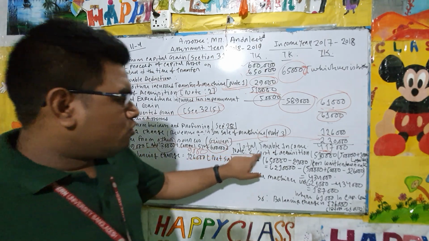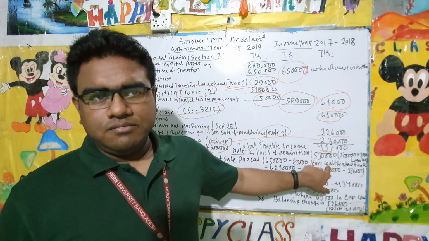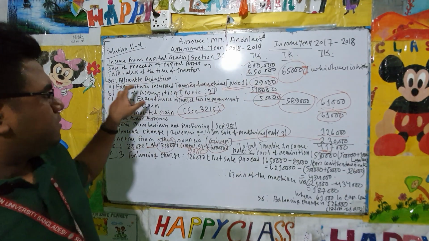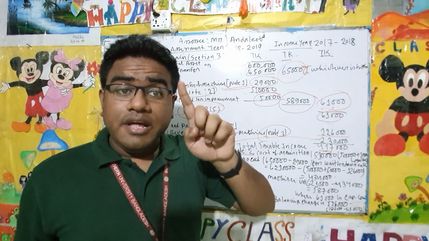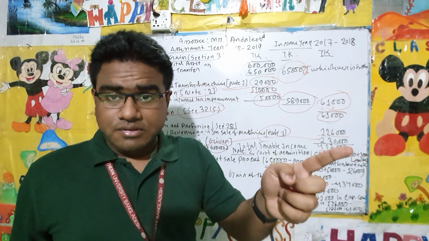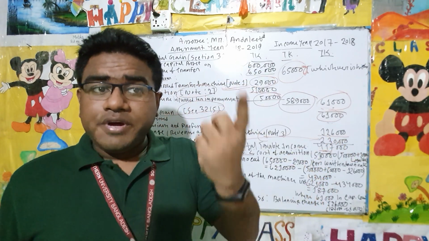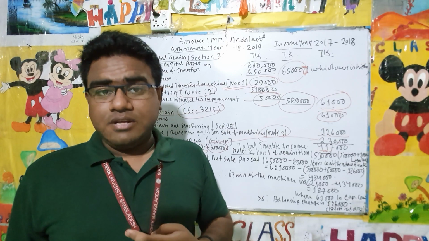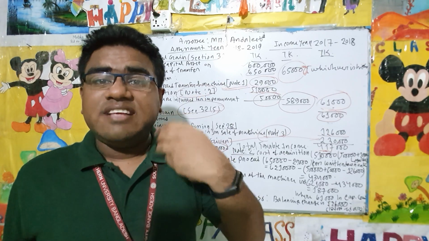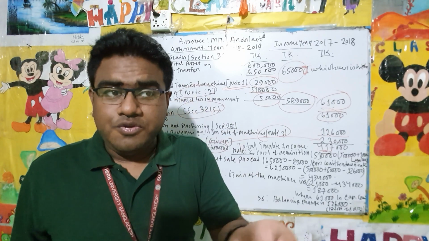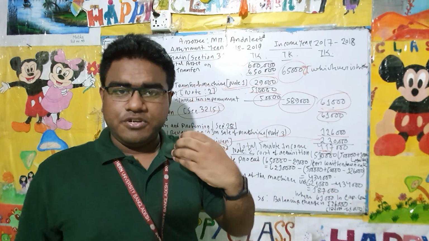Now note number 2, cost of acquisition. It's 5 lakh. Cost of acquisition means, in 2014, during the purchase of that asset, how much the company or the assessee expended to acquire that particular asset.